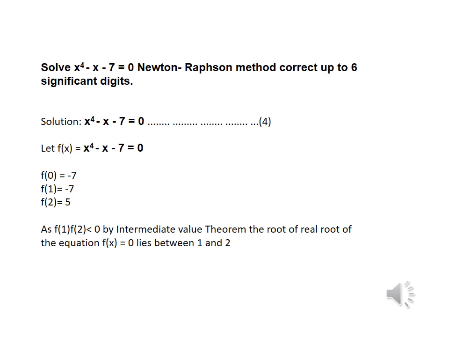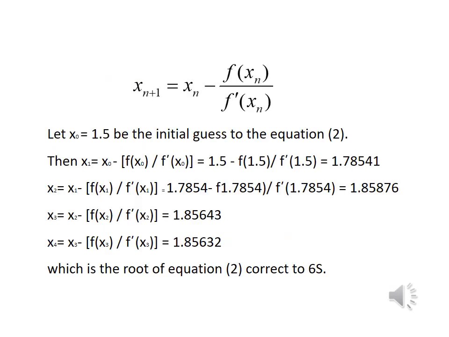Next we will use the equation to get values of x iteratively. We found that the root is between 1 and 2, so now take x naught equal to 1.5 as the initial guess. Then x1 becomes, when you put n equal to 0 in the master equation, x1 equal to x naught minus f of x naught divided by f dash x naught.